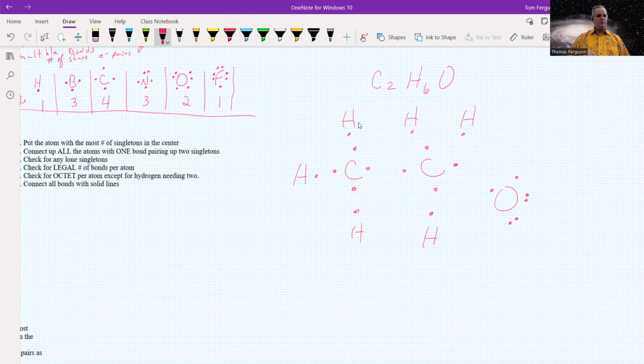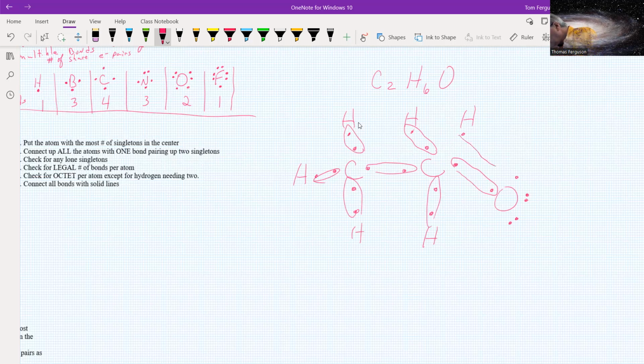Rule number 2, connect all the atoms together with one bond. Are there any lone singletons?